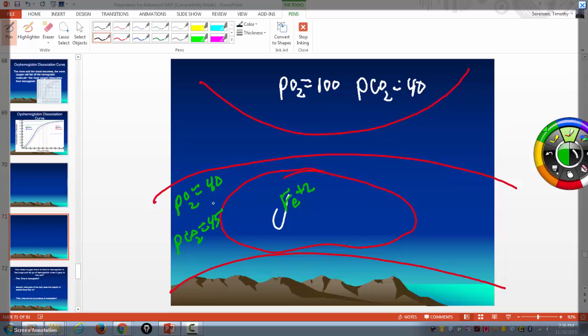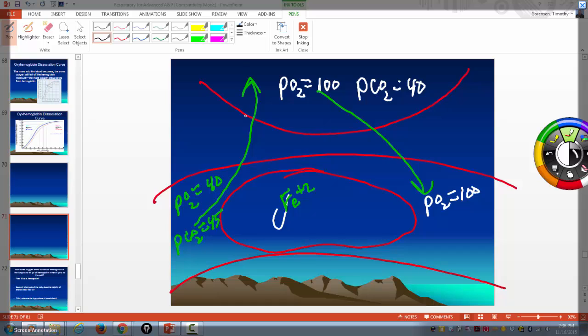Where are things going to go? High to low. So the PCO2 is going to leave and you're going to exhale it, and the PO2 is going to enter it until it's equilibrated. So what's the PO2 of this newly oxygenated blood? The PO2 is 100.